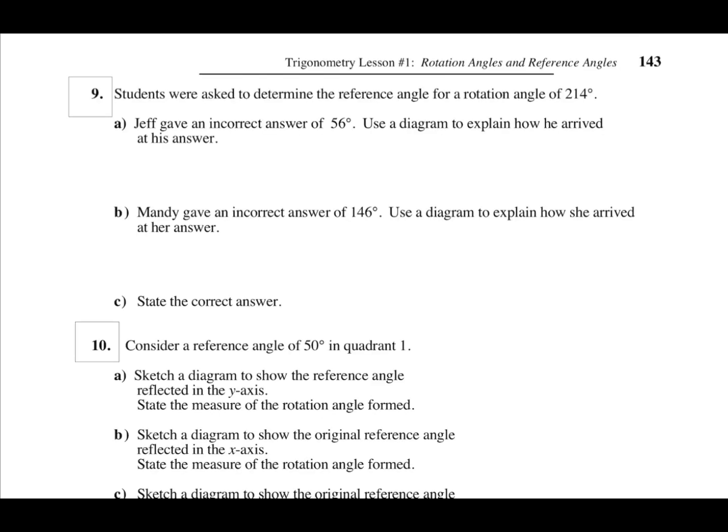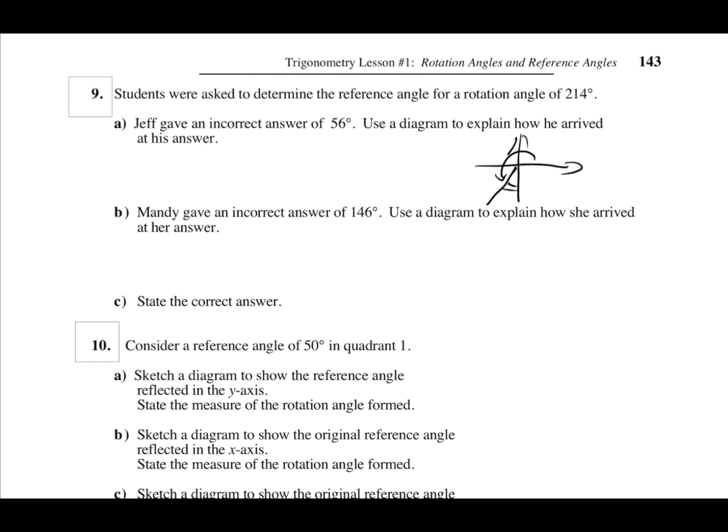And number 9, a student was asked to determine the reference angle for a rotation angle of 240. And Jeff gave an incorrect 56. Use a diagram to explain how he arrived at his answer. Okay, for here, this one is the rotation angle, and the 56, I think this one is the wrong part.